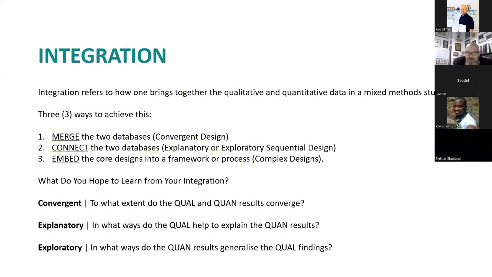There's a little bit of a worldview in here too, because I really do feel that Creswell is a quantitative researcher who's just tried to open up the world. But if we look at exploratory, in what ways do the quantitative results we get generalize the qualitative findings? So as we've got these rich narratives and stories and experiences from individuals, how do we use quantitative results to be able to say, well, we saw in the narrative, this was happening.